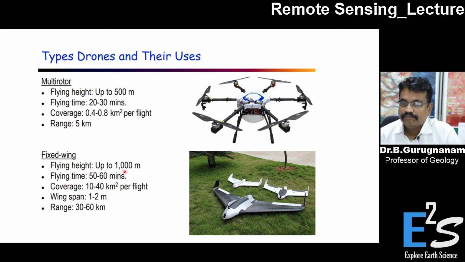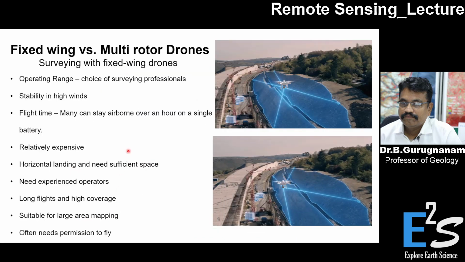Flying height up to 1000 meters, almost 1 kilometer from ground. Flying time also increases to 1 hour. Coverage increases 10 times, 10 to 40 square kilometers. Wingspan is 1 to 2 meters, and range is about 30 to 60 kilometers.